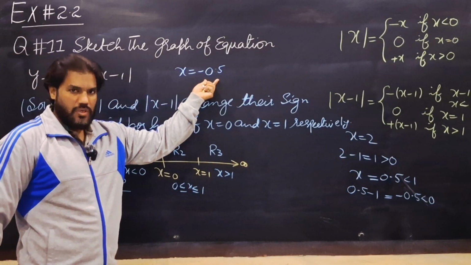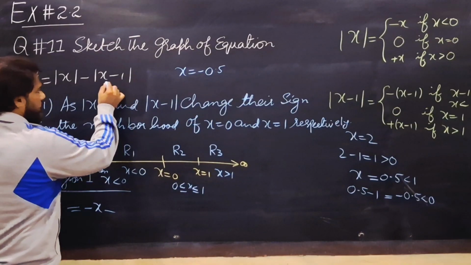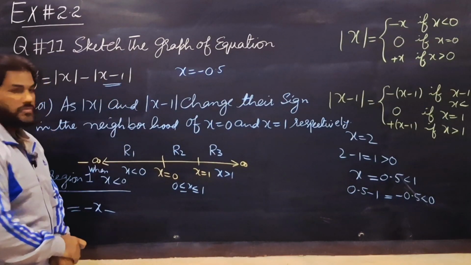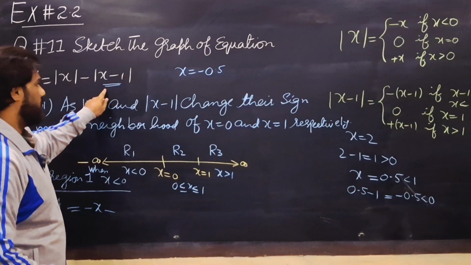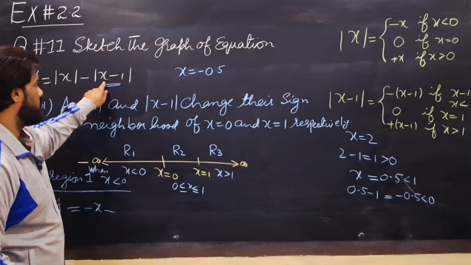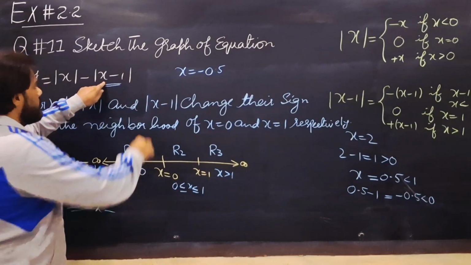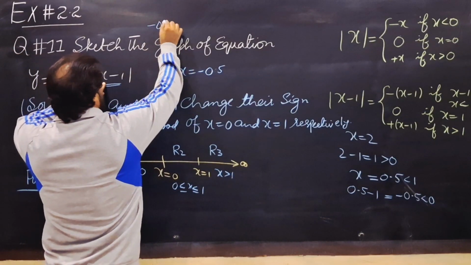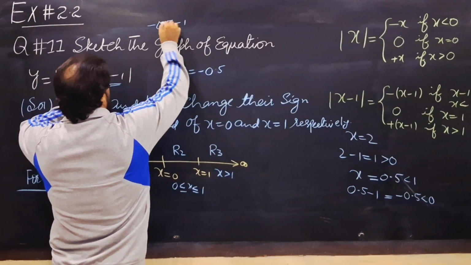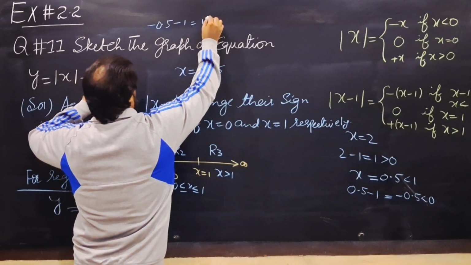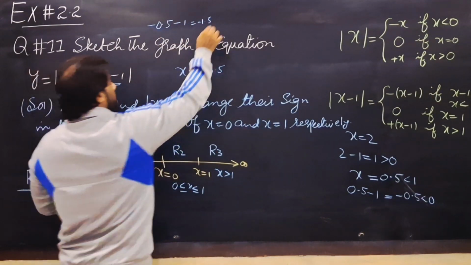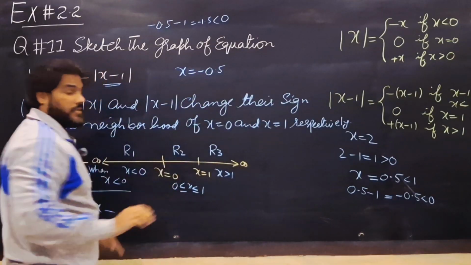When x is minus 0.5, x minus 1 is minus 0.5 minus 1, that is minus 1.5, so the answer is negative here.